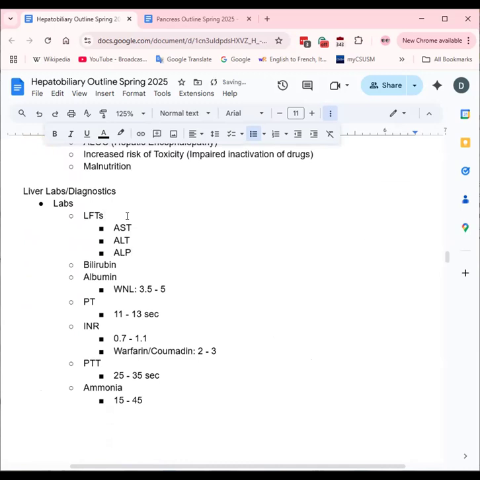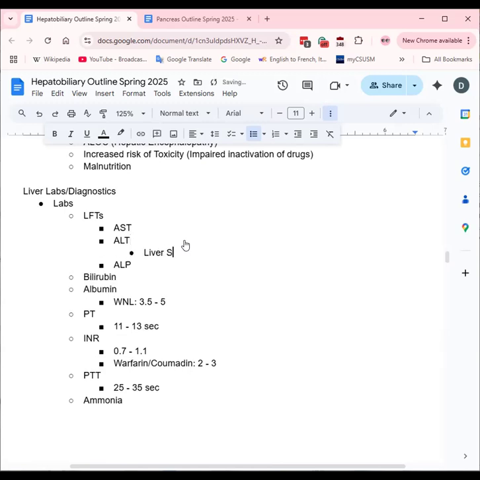You do have GGT, but we don't really have to know it for now. And then bilirubin's right here. Someone mentioned mainly ALT. Yeah, so ALT is liver specific, the most liver specific of these.